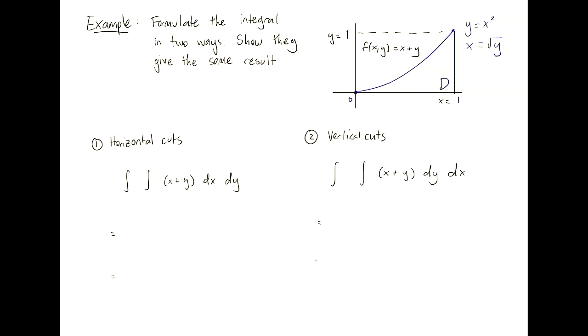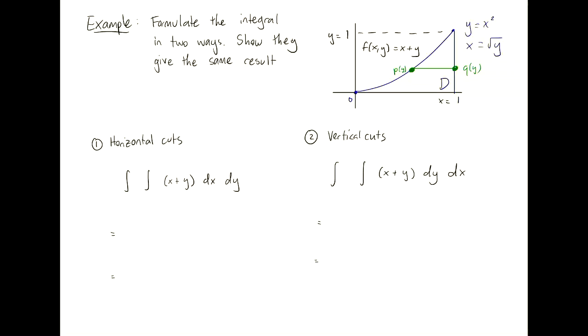All right, so I wanted you to formulate this both ways, and we're going to start with horizontal cuts. So horizontal cuts, by which I mean, I want you to first integrate horizontally in some y-dependent way from x equals p of y to x equals q of y.